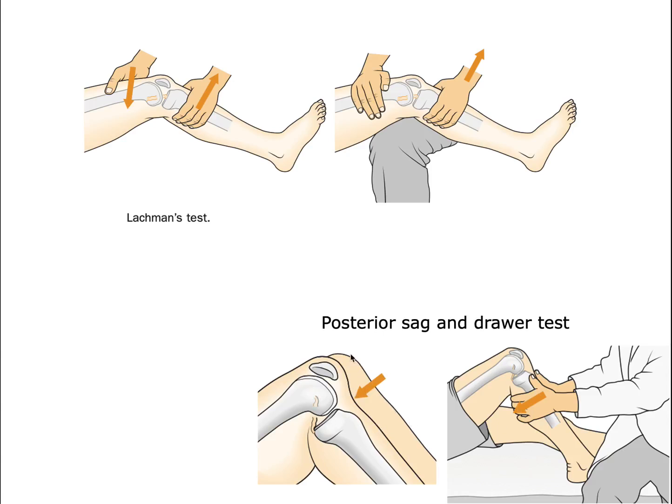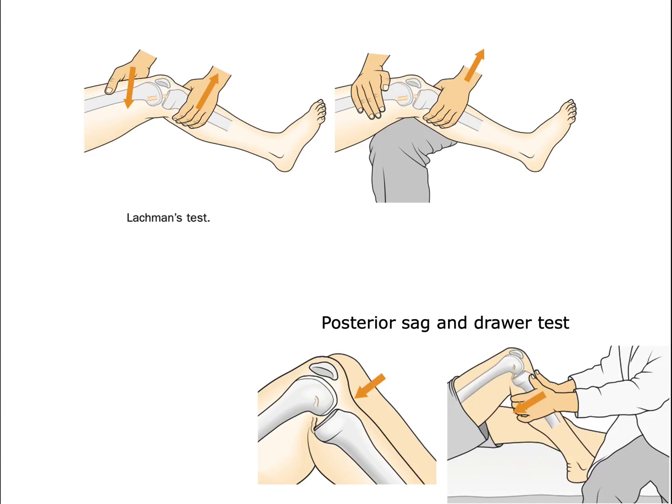I use the term look. Look at this line. This line is more straight and this line is bumpy. It is a dip. So it means this has gone backwards. So my ligament is not fine. There is something wrong. So when I'm doing this test, it goes backwards. We call it posterior sag. And this is the posterior drawer test. You're closing a drawer. Never forget it.